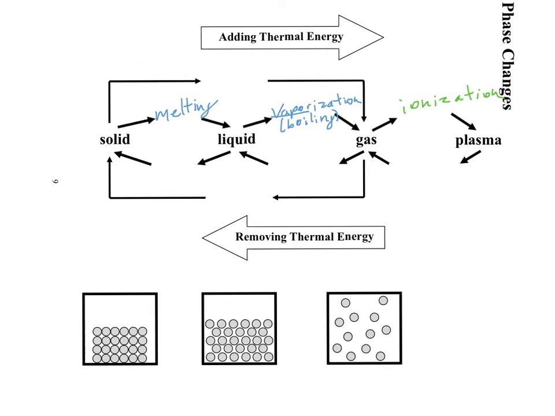So if I was to go in the opposite direction, if I start with a plasma and I'm going to a gas, that's de-ionization. Then going from a gas to a liquid is condensation.